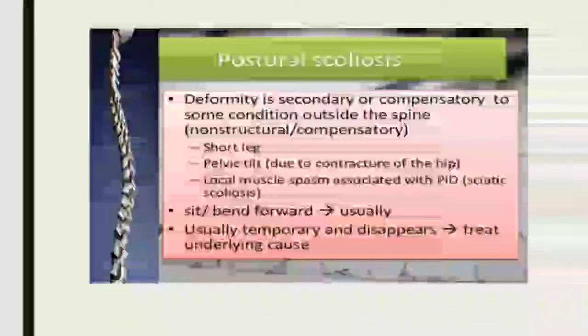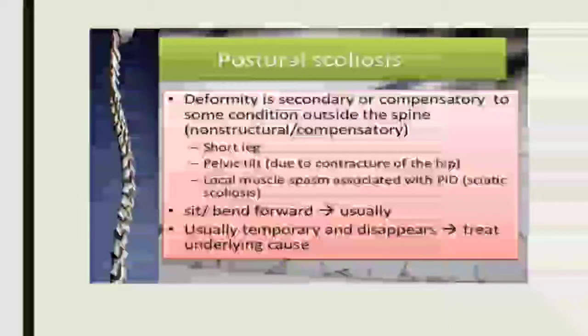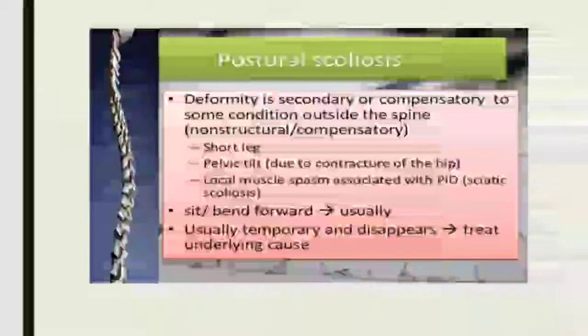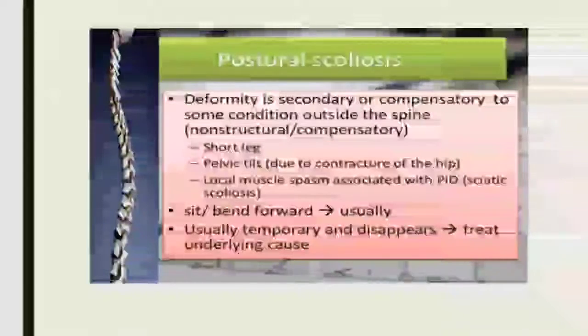Causes include short leg, pelvic tilt due to contracture of the hip, and local muscle spasm associated with pelvic inflammatory disease, sciatic scoliosis. It disappears on sitting or bending forward, is usually temporary, and the underlying cause should be treated.